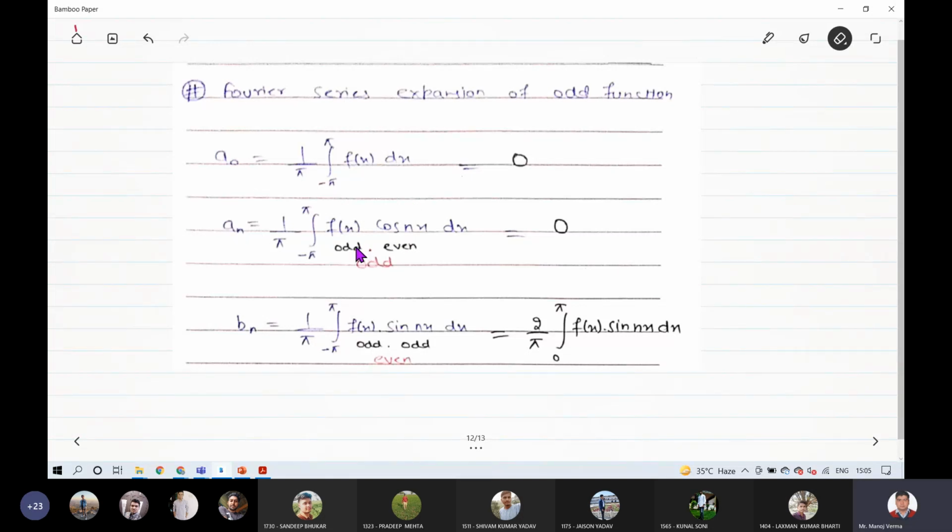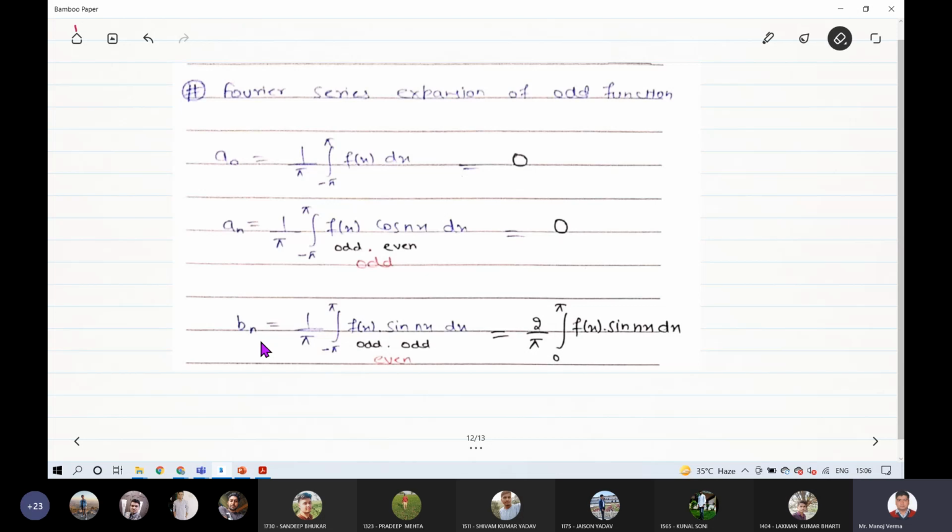If the function is odd, then as cos nx is even, it will be odd into even, that is, the total function f(x) cos nx will be an odd function, and hence the integral will be 0. So there will be no a n component, there will be no a naught component for an odd function.